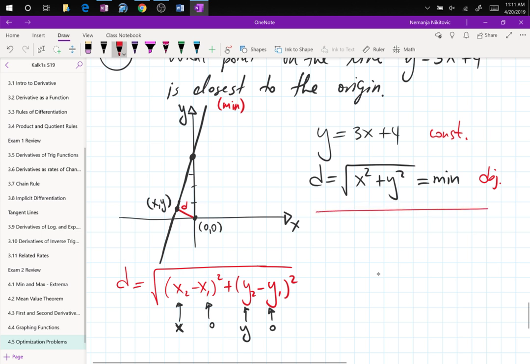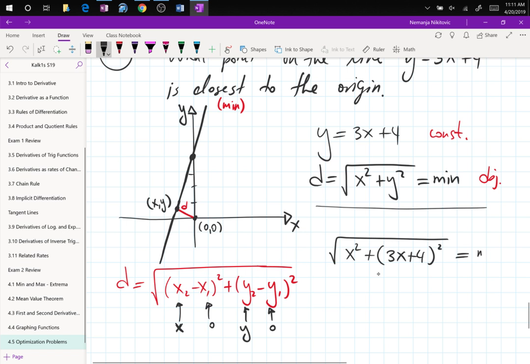I need to be dramatic. We plug in, have the square root of x squared plus (3x plus 4) squared equals a minimum. Square root of x squared plus 9x squared plus 24x plus 16.